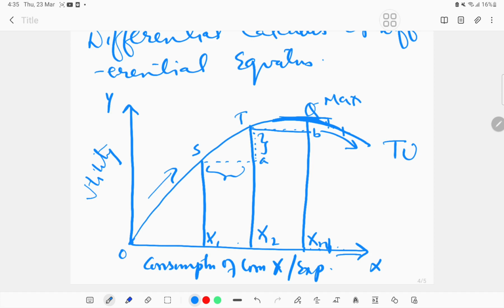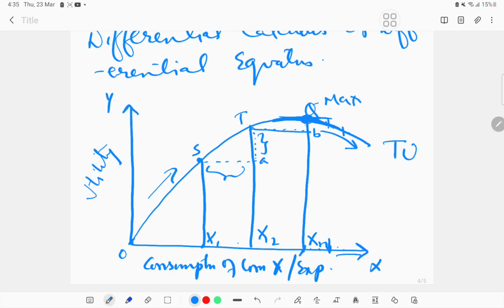The total amount of utility between x1 and x2 is S to Q. Means if the consumer is between x1 and xn, the total amount of the commodity he consumed is from S to Q.